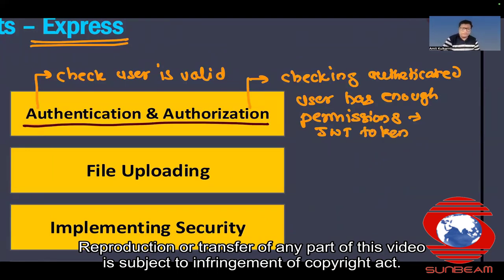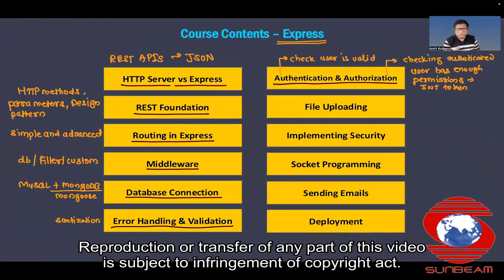JWT stands for JSON Web Token. So we will be using JWT, which is going to help us check if the user is authorized or not. Authentication and authorization are two different things: authentication means checking if the user is valid, and authorization means checking whether an already authenticated user has got enough permissions in the application.